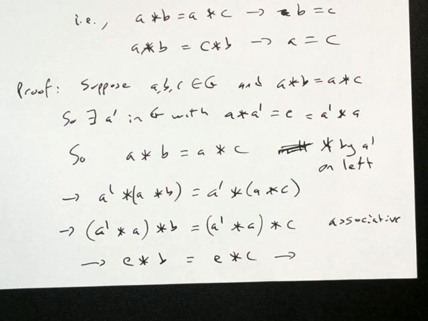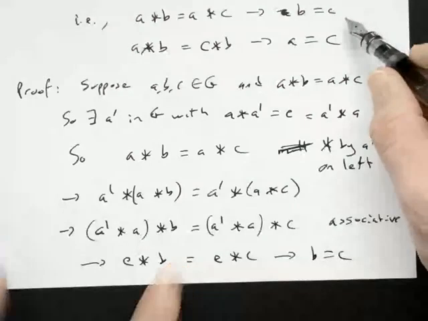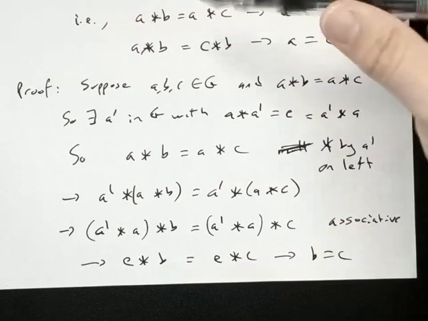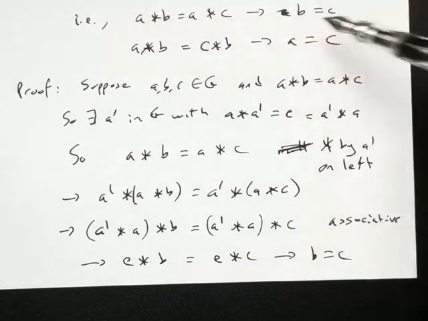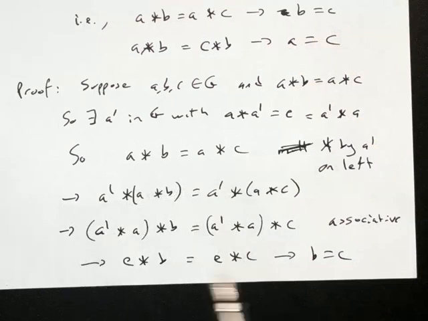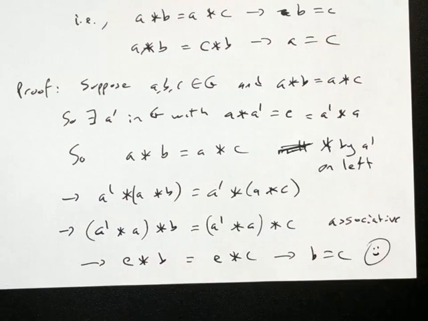What do I do now? Since E is the identity, you just get B equals C, because that's the definition of the identity, which is where I wanted to end up in the first place. I wanted to show that if I had A star B equals A star C, then B was equal to C. A star B equals A star C, so B equals C.